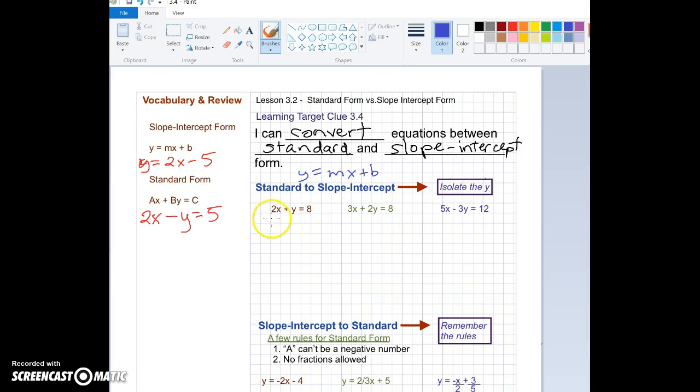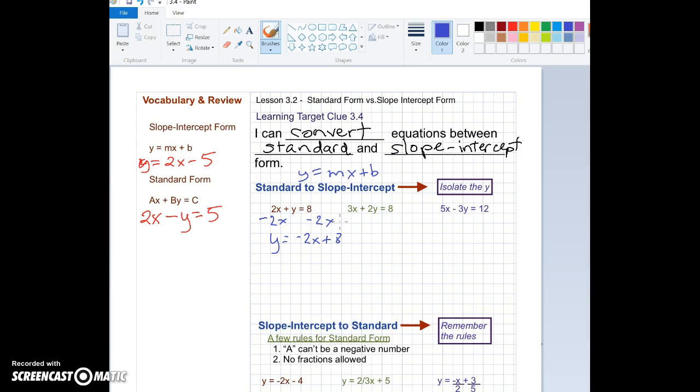All right, so here I've got 2x plus y equals 8, and I need to get the y by itself. So the first thing I'll do is subtract 2x from both sides. Now I have y equals negative 2x plus 8. And I've just turned 2x plus y equals 8 into slope-intercept form. Pretty simple, yes?